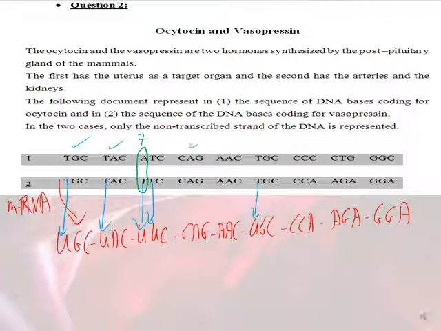And then CAG is the same. AAC is the same. TGC here, and here we have TGC. Okay? CCC here, it's CCA. So C is replaced by A. CTG here, CTG here, the same. GGC, here it's GGA. So here also there is a difference.